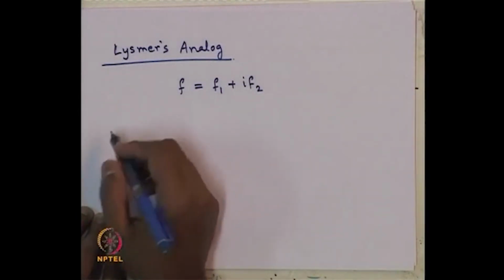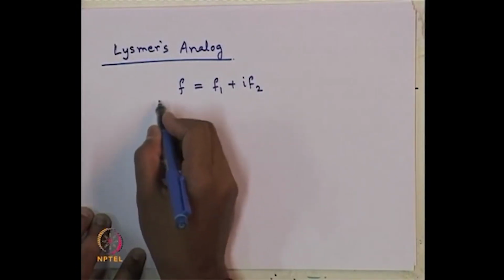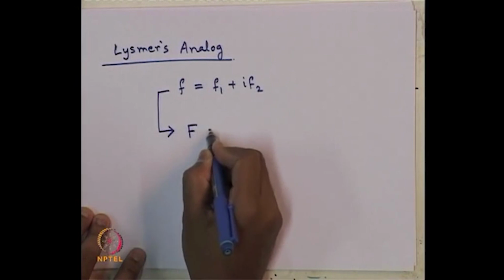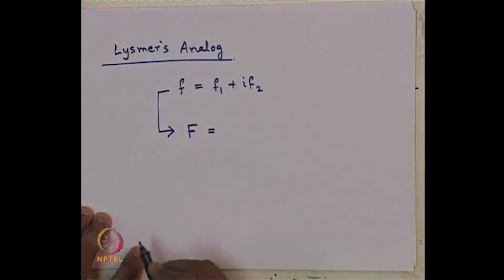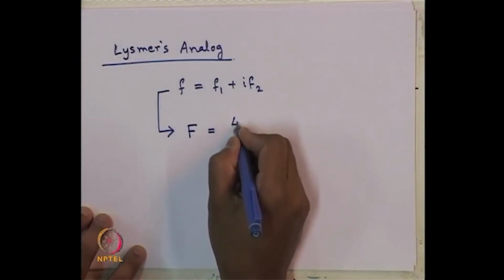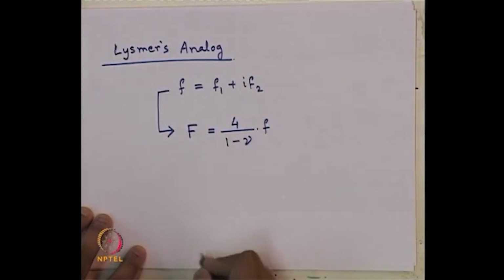What Lysmer proposed is that he modified them to another displacement function, capital F, which can be calculated like this.